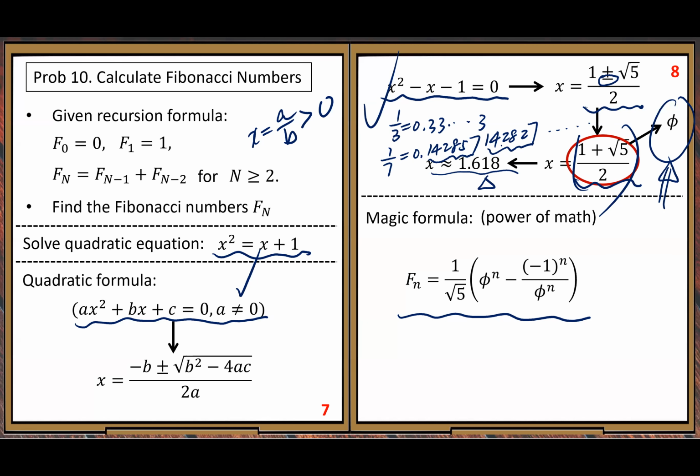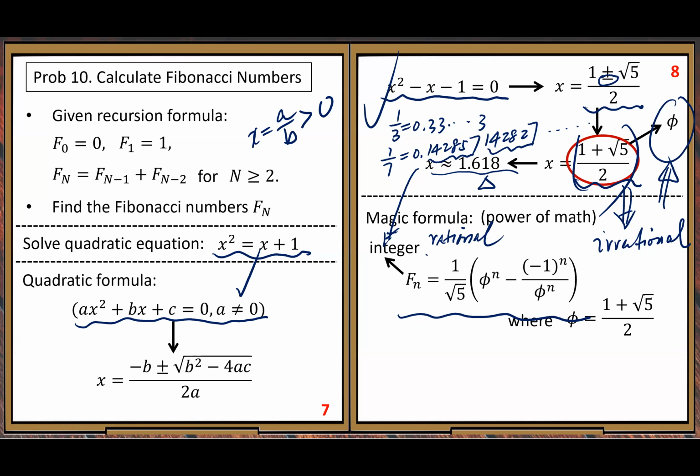So the number in this way we call the irrational number. The numbers with cycles are rational numbers.